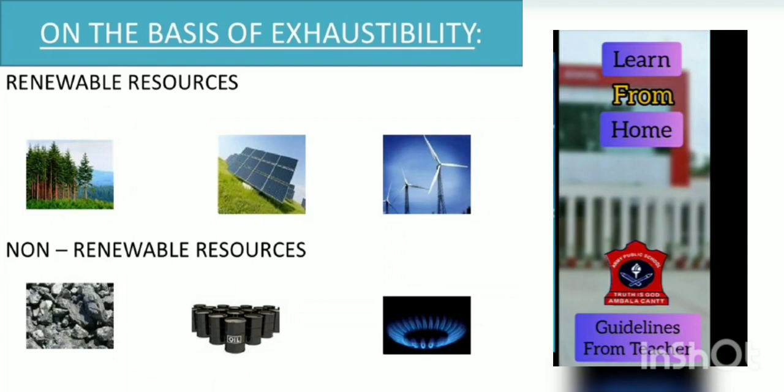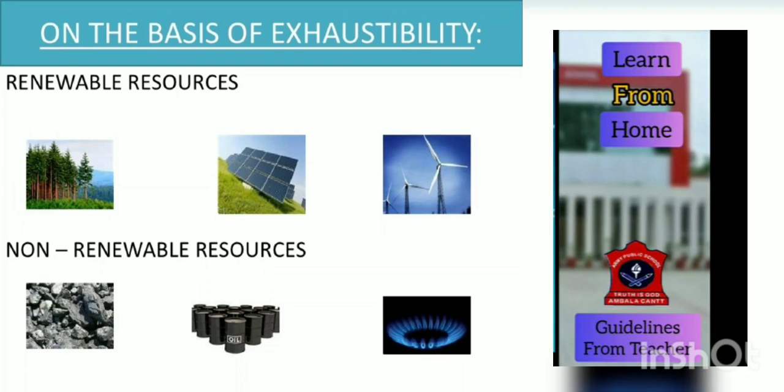On the basis of exhaustibility, the resources could be renewable or non-renewable resources. Renewable resources are the resources which can be used again and again. They are inexhaustible. We have got an unlimited supply of these resources.